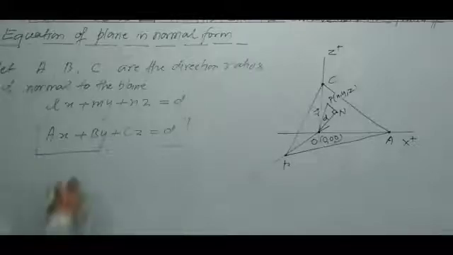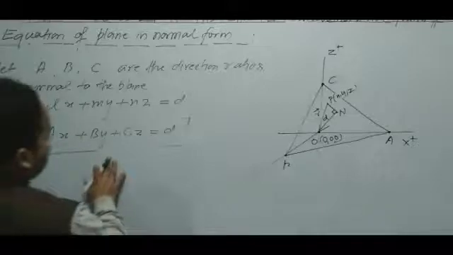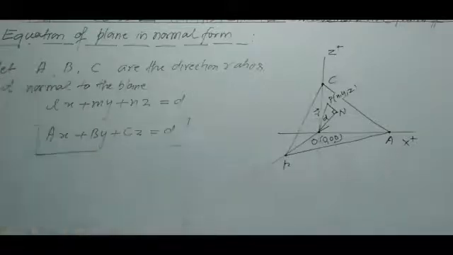We have to set x, y, z terms in LHS and d terms in RHS, constant. And if the constant on RHS is not positive, then make it positive by multiplying both the sides, and divide by under root a square plus b square plus c square. Now this one is completed.